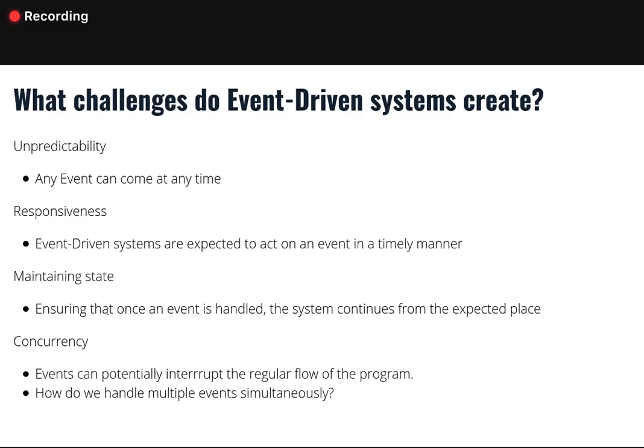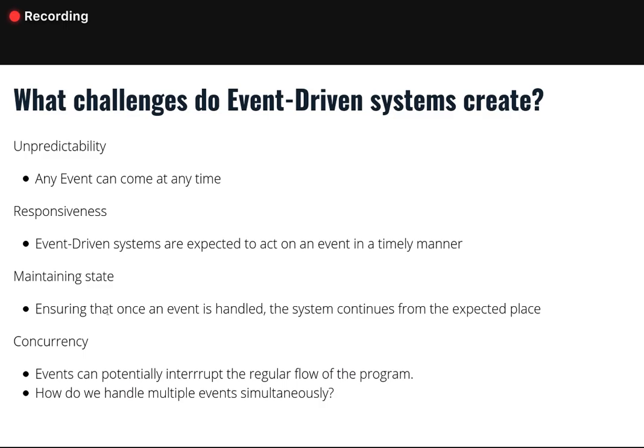And of course, concurrency. The program can potentially be doing other things in the background, and events can interrupt that and cause the other things in the background to have to stop mid-execution. So what do we need to be aware of in a system where events can occur at any time, events can interrupt the regular flow of the program, and how do we deal with multiple events happening simultaneously?